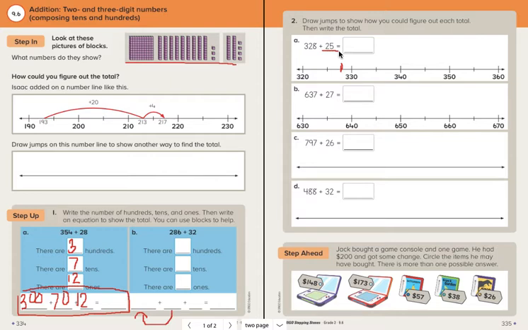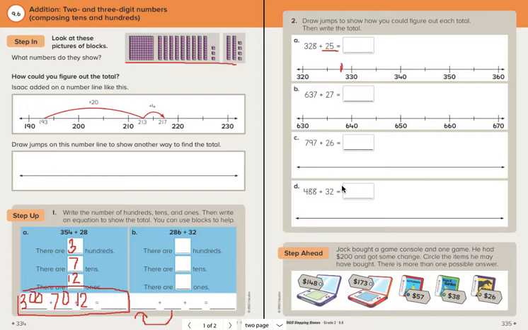That part is up to you. Maybe you don't even want to use the number line. Maybe you just want to draw some blocks. Maybe you can do it in your head, okay? Do it whatever way works for you. Same thing with B. Same thing with C and D, okay? I like C and D though because I like having a big empty number line, so I can make my jumps however I want.